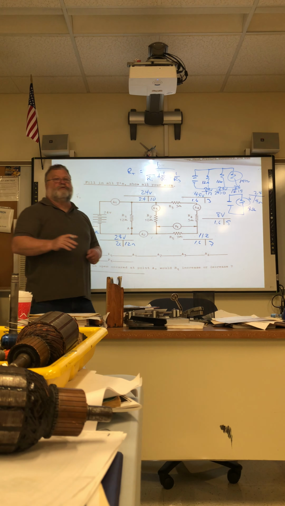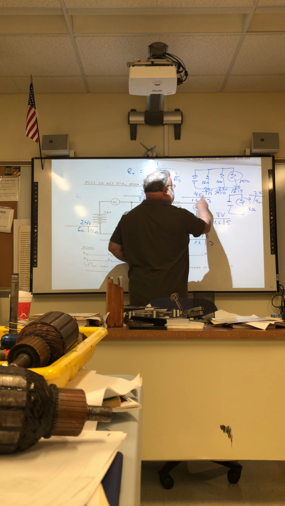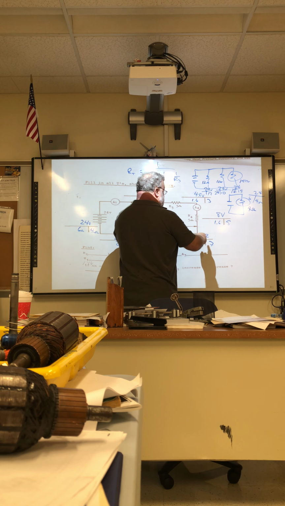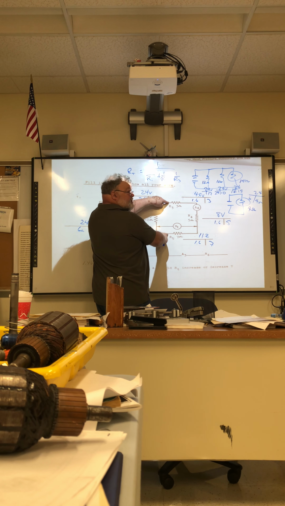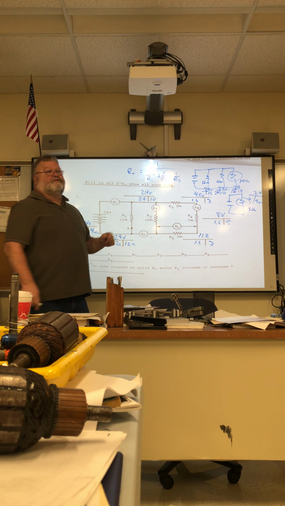Now what do we know about voltage drops in a series circuit? Kirchhoff's law. They have to equal the applied voltage. Does this plus this plus this equal the 24 volts for the resistor equivalent? Yes. But doesn't it also make sense that if I got 24 volts here, I'm going to have 24 volts here? Okay. Guess what? At this point, we solved the circuit.